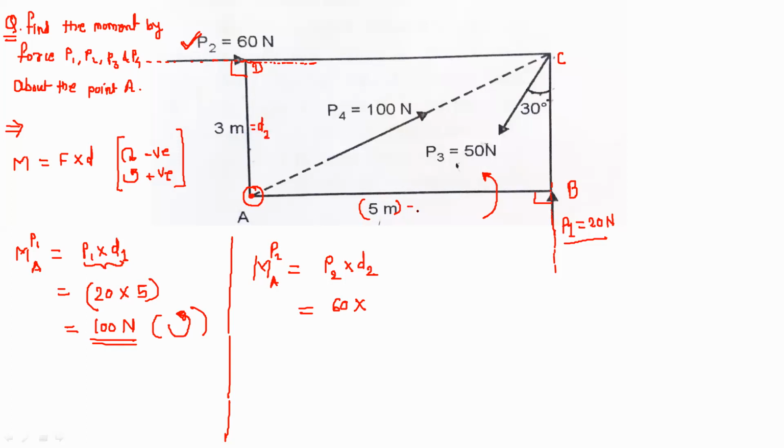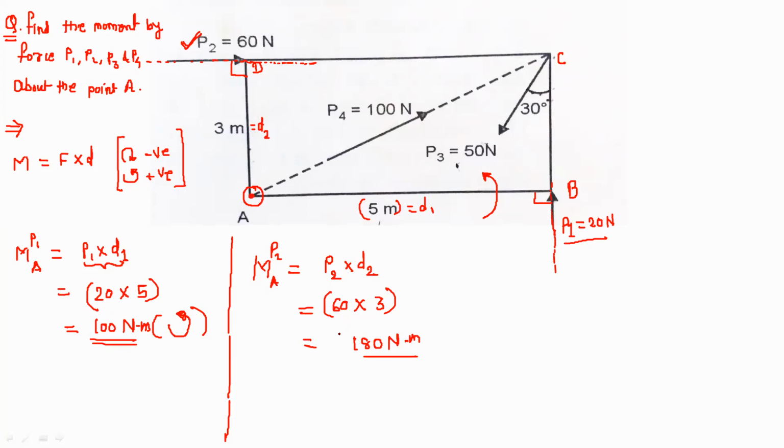So 5 meter was D1, and D2 is 3 meter. Now observe the direction, whether it is clockwise or anti-clockwise. So this value will be 180 Newton, sorry, this is Newton meter. Moment is Newton meter and force is Newton. So 180 is Newton meter.